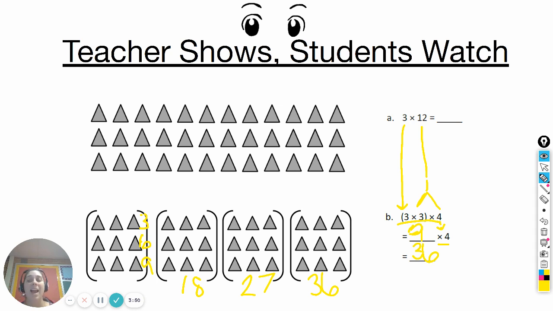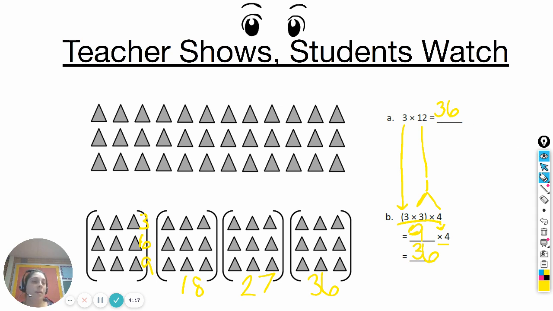Okay, now what I can do is go back to A and say, well, we just used the associative property to tell us that 9 times 4 equals 36, which means 3 times 12 also equals 36. Because it's the same picture, we just broke it into smaller arrays to help us solve.